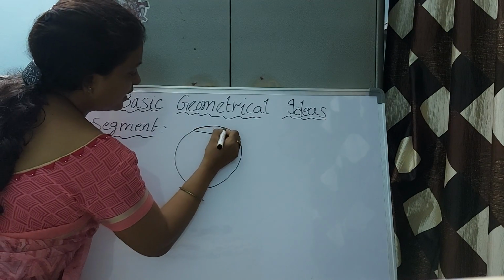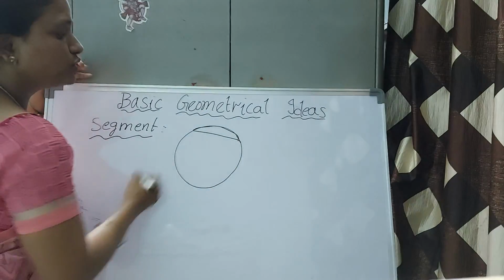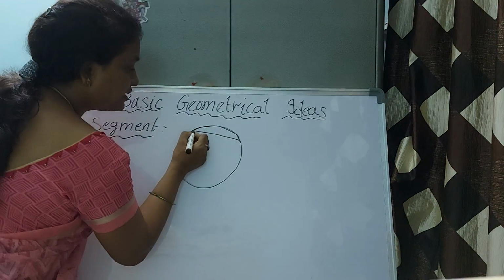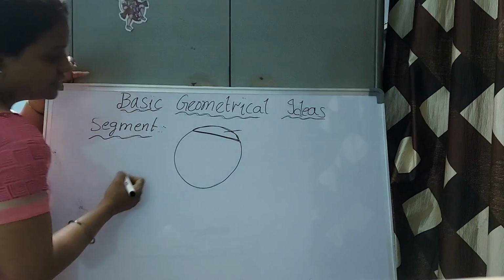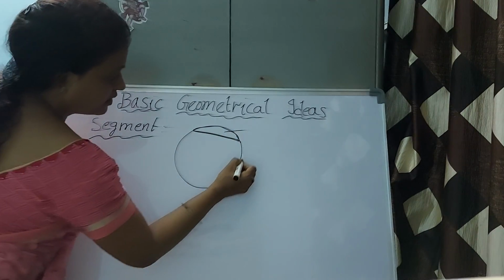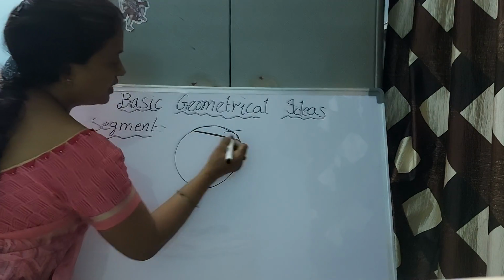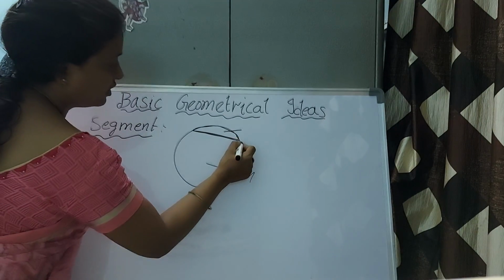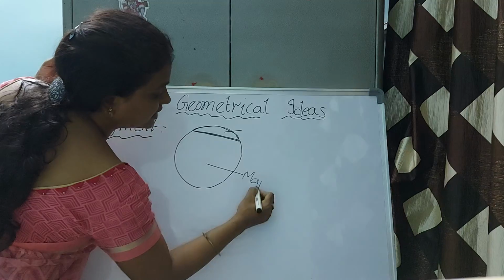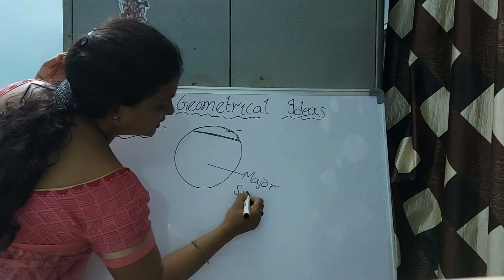This is a region enclosed by an arc and a chord. We call it a segment. See, this is also one arc and this is a chord. This is the major segment, because this is very big.